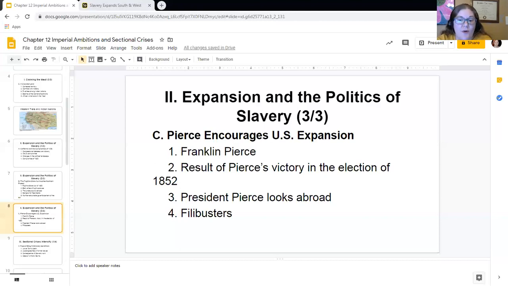The Free Soil Party, which had sort of reinvented itself from the Liberty Party, really didn't seize the opportunity to stir up frustrations in the North over the Fugitive Slave Act.